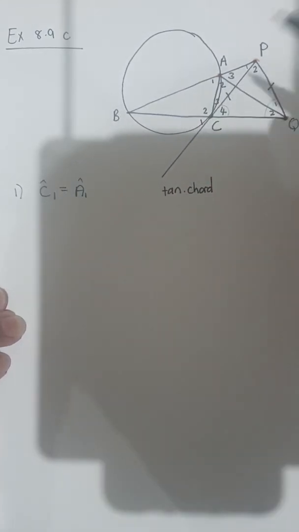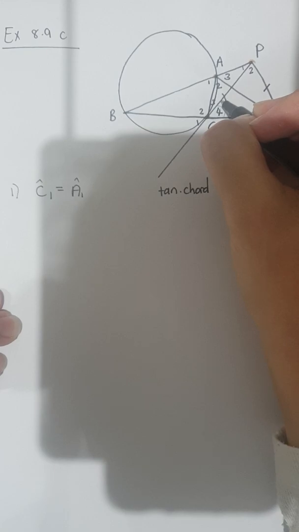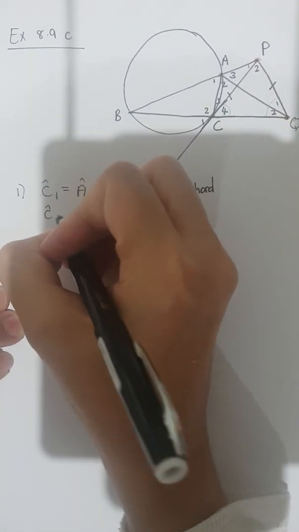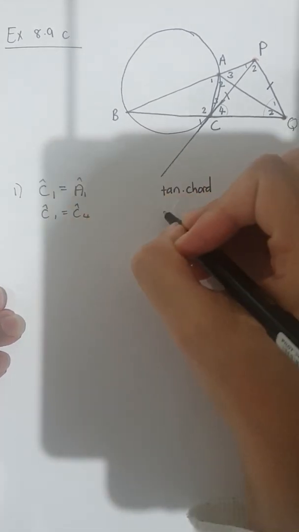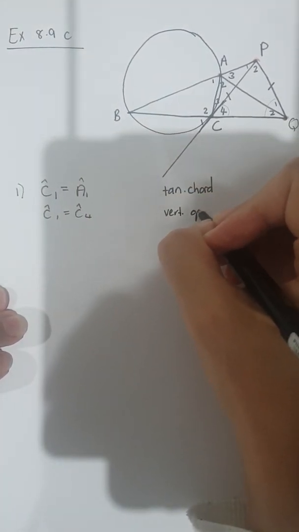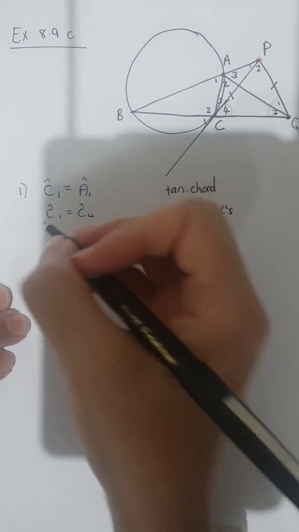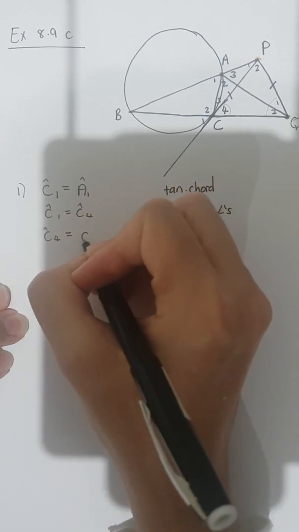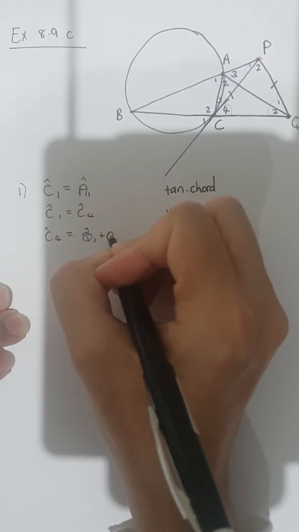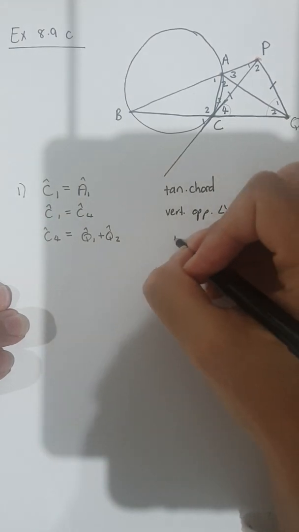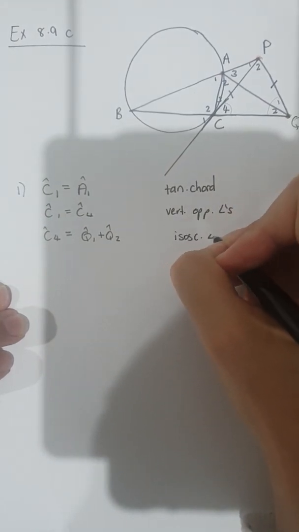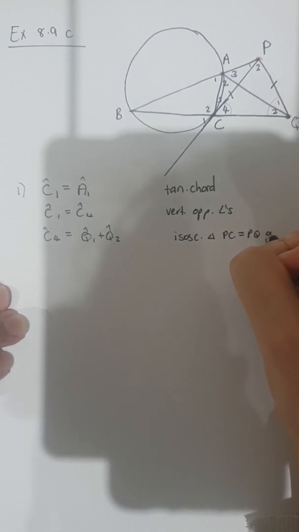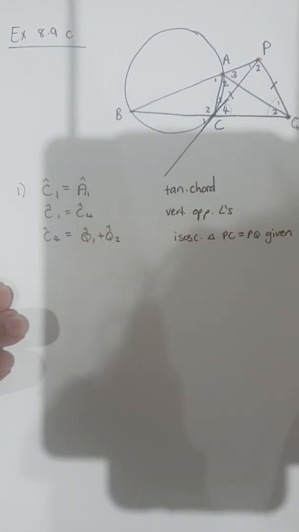Then I know that C1 is equal to C4, these vertically opposite angles. And then I know that C4 is equal to Q1 plus Q2, because I have an isosceles triangle, because PC is equal to PQ has been given to me.